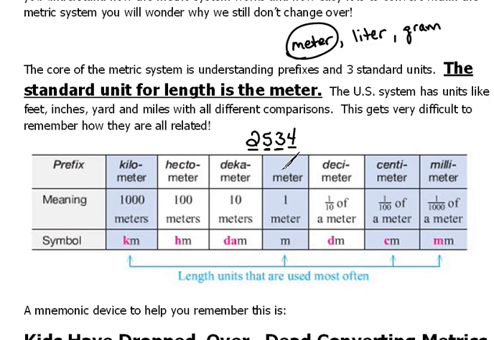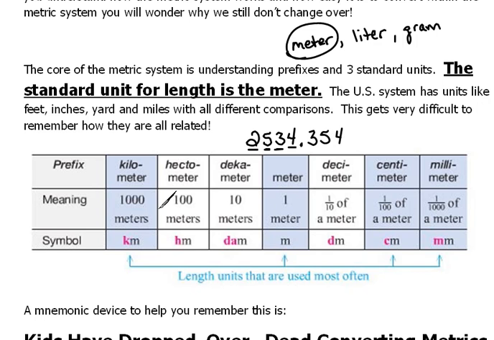Now, what's so nice about this is we can move within the system by basically just moving our decimal around. And if you look at the other side here, we have the tenths spot, which would be like saying 0.3, that would be 3/10. The next position is the hundredths, so if I had 0.35, that'd be 35 hundredths. And the next position is the thousandths, so if I had 0.354, that would be 354 thousandths.